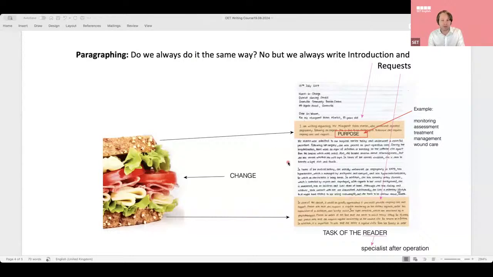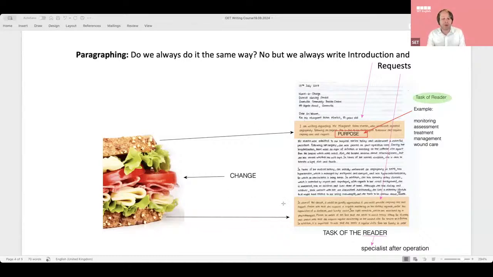Okay, so you've got to have that here, according to OET. In your sandwich, always the introduction and always the purpose, okay? The purpose is the task of the reader. Does that make sense? The purpose is the task of the reader. And this is probably the most important thing. When you write your letter, you must get this correct. What is the reader doing next? Okay.